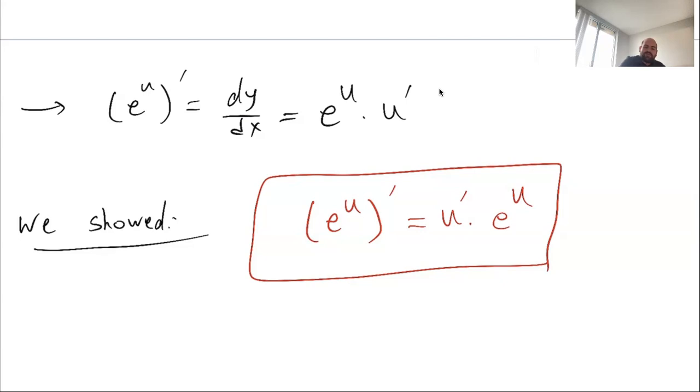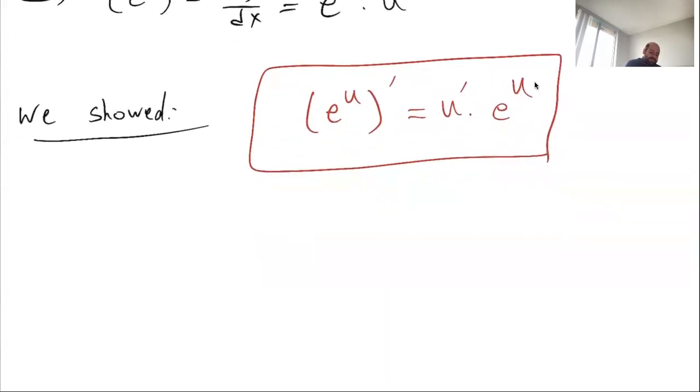We know the derivative of sine x is cos x, so the derivative of sine u will be cos u, but then multiply it with u prime. So the rule is very simple. No matter what the function is, exponential, trigonometric, logarithmic, just differentiate as if you had x there, but then multiply with u prime at the end.